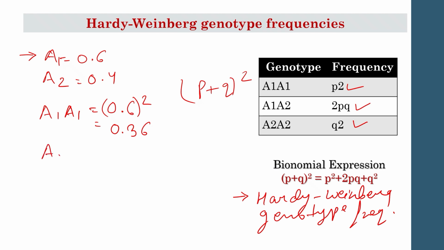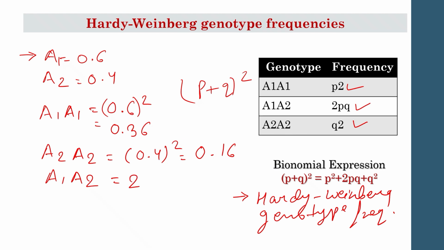Similarly, for A2 homozygous, it will be 0.4 whole squared, and it will be 0.16. And at last, the frequency of A1A2 will be 2 into p, that is 0.6, and q, that is 0.4. So it will be 0.48.